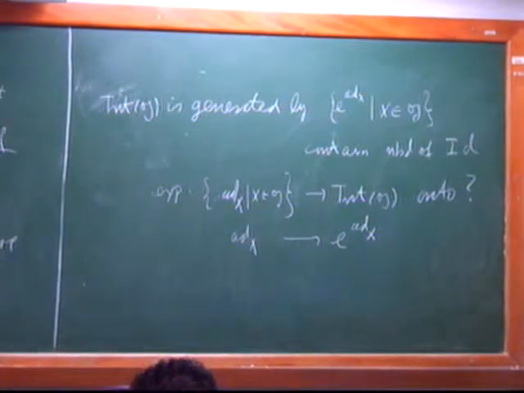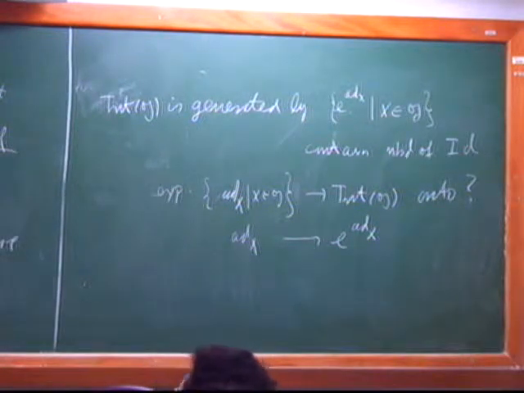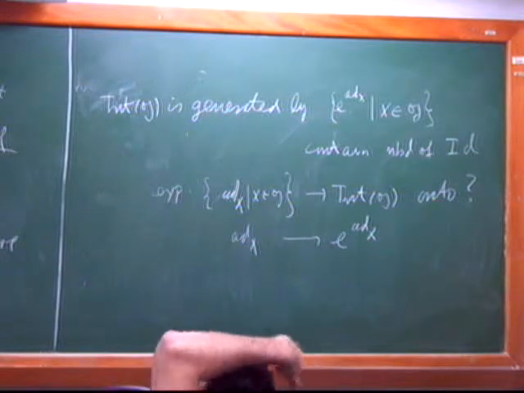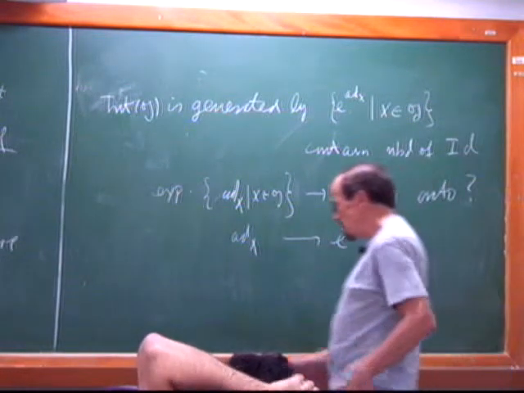I think you saw in the exercises that this is not always true. Exponential maps are not always onto. Did you do that exercise? For GL n R, it wasn't onto? No? Well, so maybe let's think about that a little bit just to give you a hint.